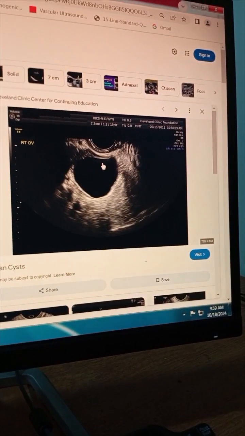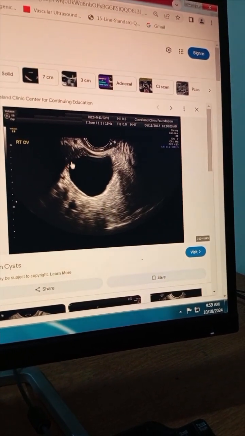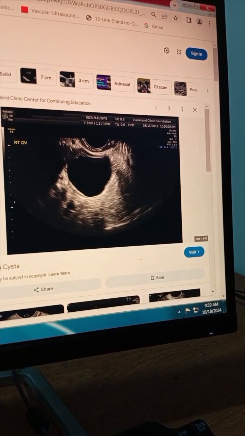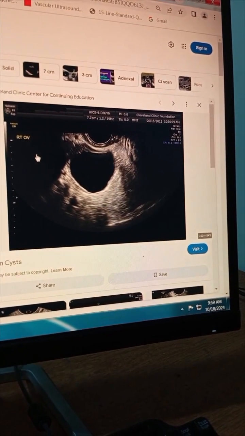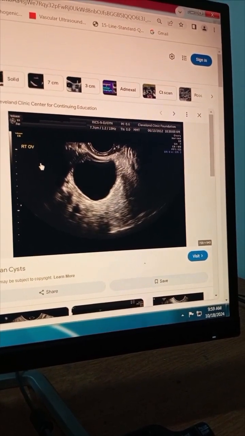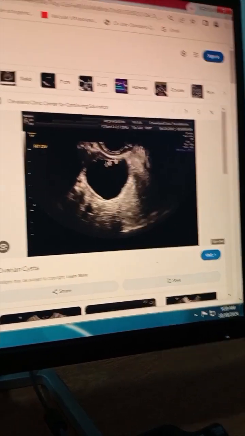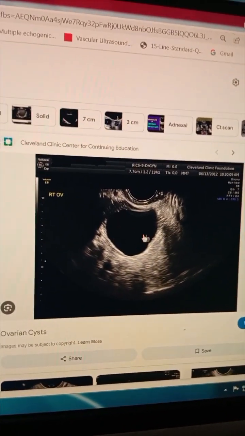If the female does not have regular periods and skips the period for 2 to 3 months, the follicle can grow in size. And if the female is having fertility treatment, she can develop a simple cyst.